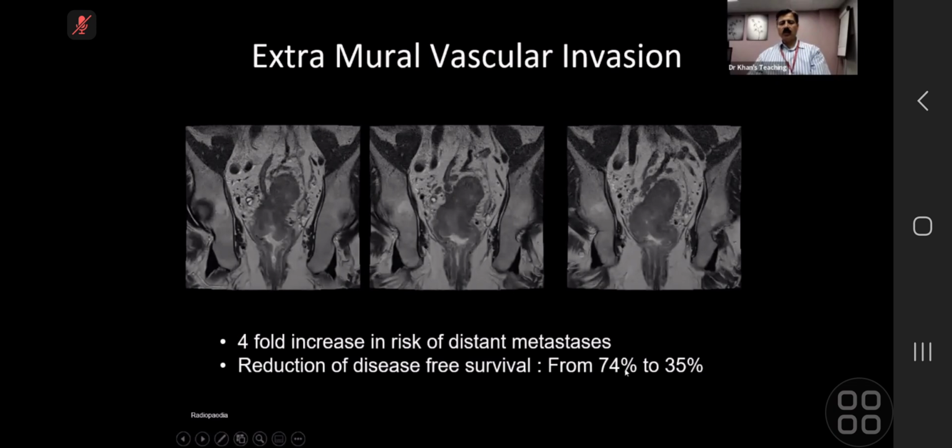Radiologically speaking, how are you going to pick it up? You are going to pick it up as distension of the vein, which will be, just like a vessel, serpiginous, and then it can be in continuity with the tumor, or it might not be in continuity.